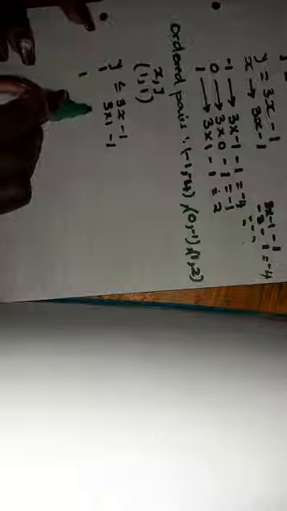So this is x and this is y. I take back my inequality, y less or equal to 3x minus 1. Where there is y, it's 1. Then 3 times 1 minus 1: 3 times 1 is 3, minus 1 is 2.